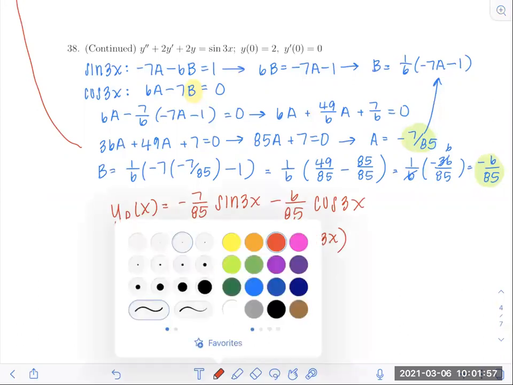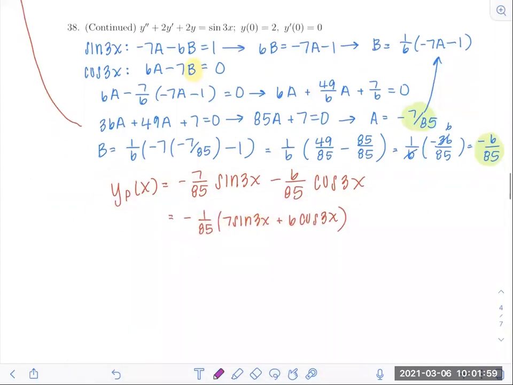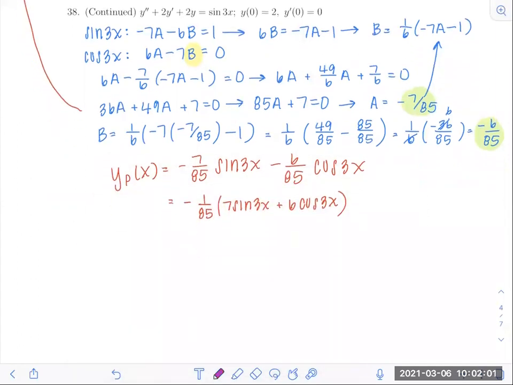And so let's switch it to purple. All right, so now our goal is to come up with the solution y of x, which is the sum of the complementary function plus the particular solution. So we have to go all the way back up to the beginning where we had already found the complementary function.